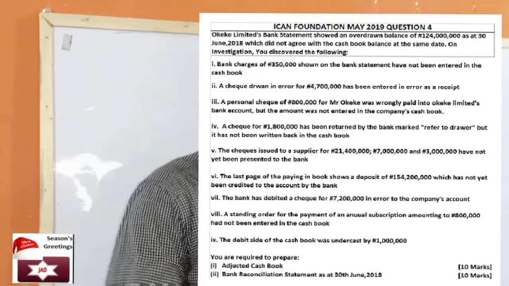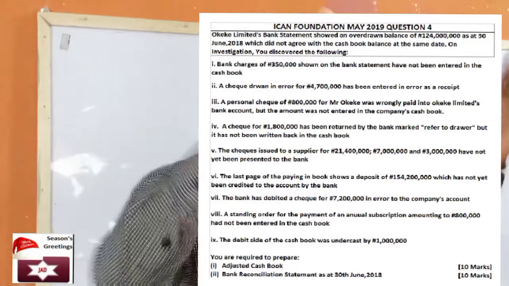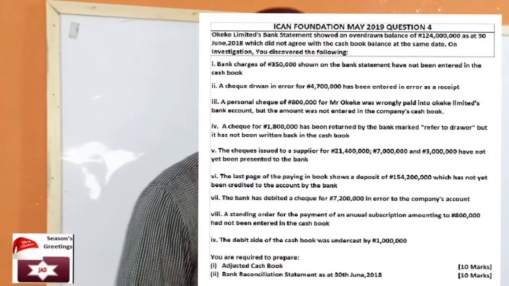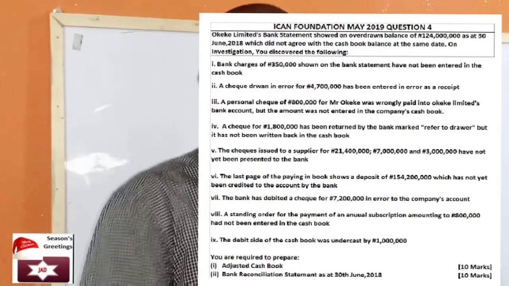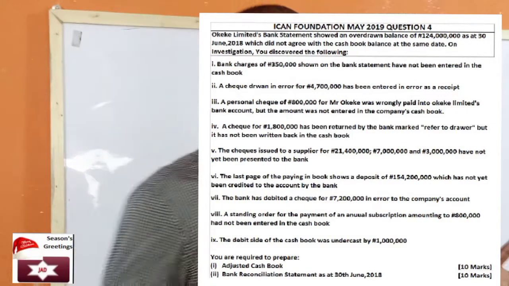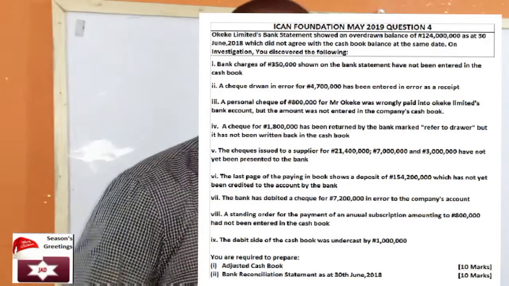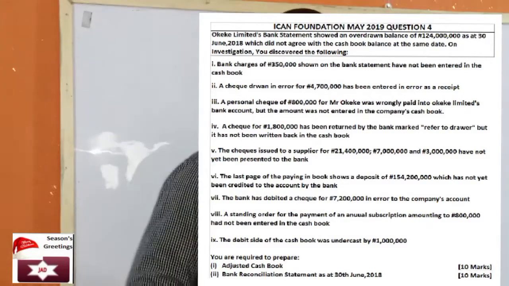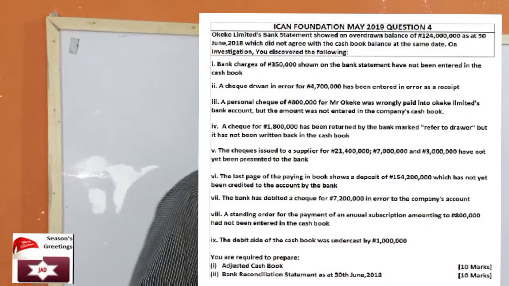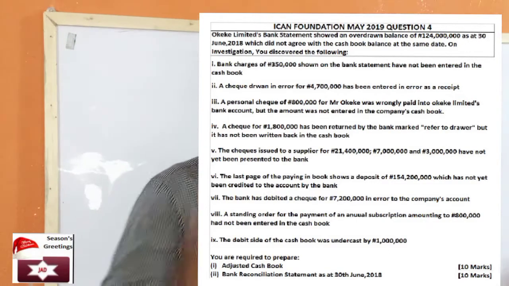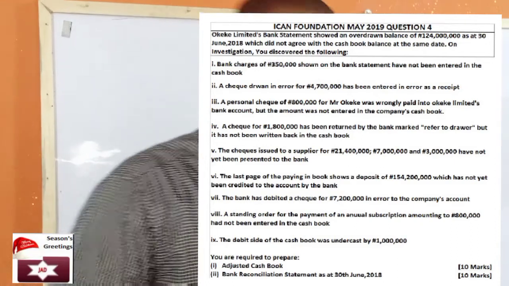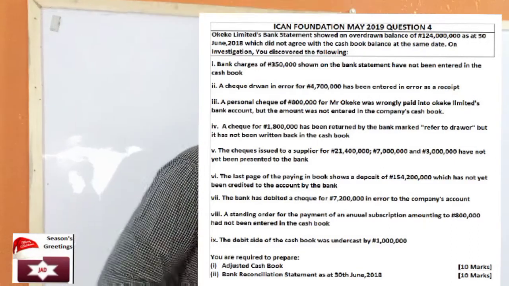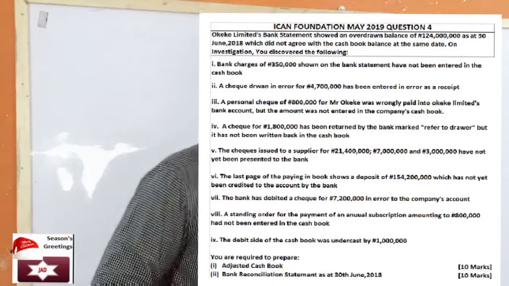On investigation, you discovered the following: bank charges, and a cheque drawn in error, a personal cheque of $800 of Mr. KK was paid into the OKK Limited's bank account, and all that. The investigations revealed the reasons for the discrepancy, and we're asked to prepare the adjusted cash book and then a bank reconciliation statement as at 30th June 2018.